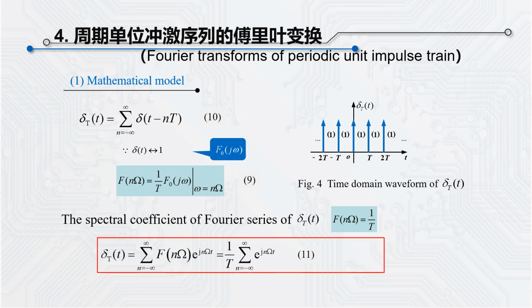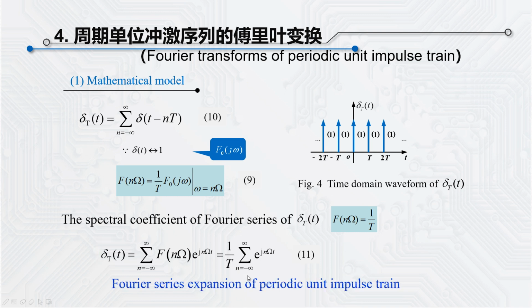According to Formula 9, the spectral coefficient of Fourier series of delta T(t) should be 1 over T. Then Formula 11 is true. This is the expanded formula of Fourier series of the periodic unit impulse train. This is its time domain description, and this is the expanded formula of its Fourier series.